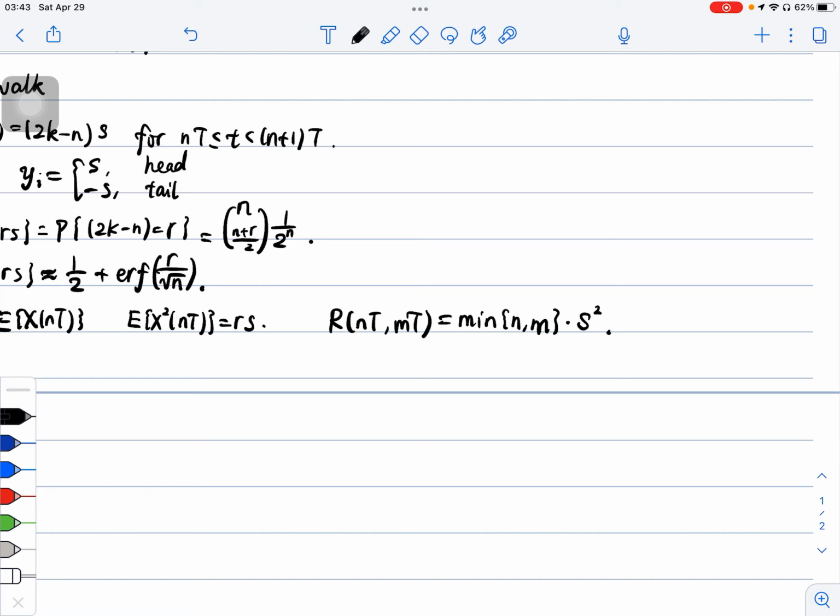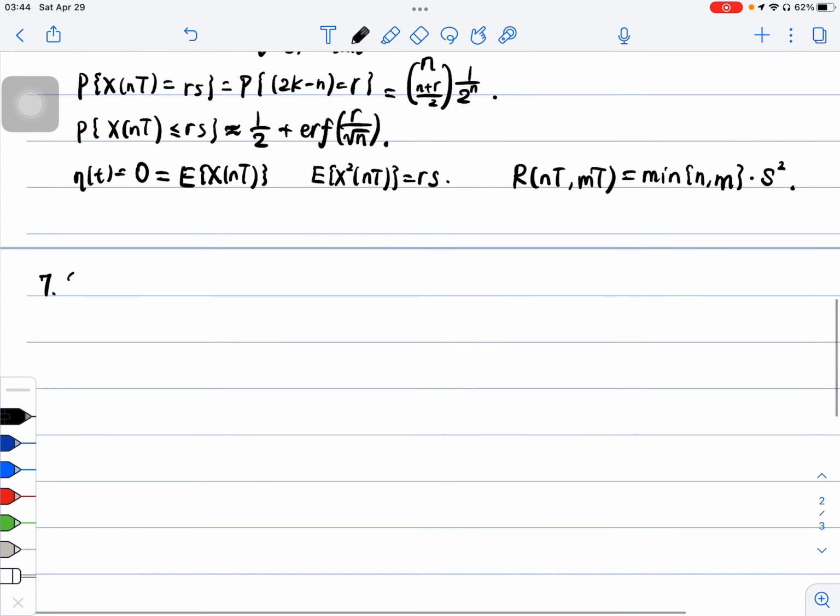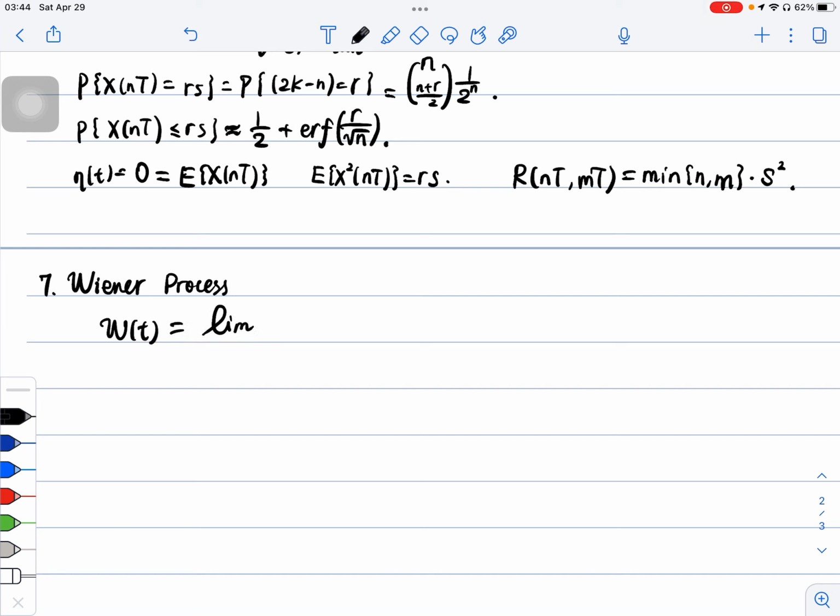7. The Wiener process. We define it as a limiting process of random walk. The conditions are T to 0, n to infinity, and s squared over T to alpha.